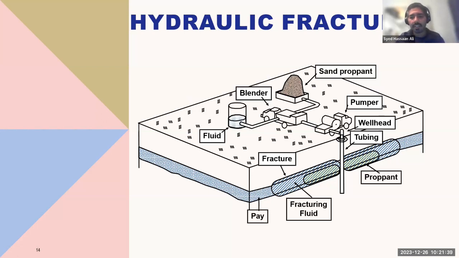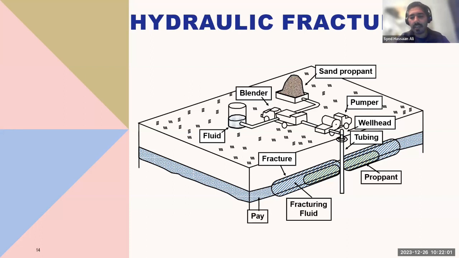And that slurry is actually pumped into a pumper. The purpose of the pumper is to take it at a low pressure from the blender and then pump it at a very high pressure. This could be a 5,000 psi frac, 10,000 psi, or 15,000 psi, depending on the frac gradient or pressure gradient of the formation.